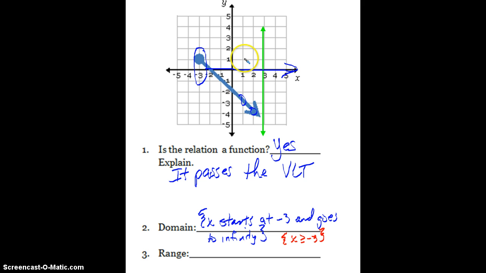Now, for range, the y values, the output values, again, everything from 1 and below is accounted for here in y. Like if you wanted to find the y value -4, well, then you could find an x that goes with it. However, if you wanted to find a y value like 4, well, there's no way to get that because everything's lower than or equal to 1 here.